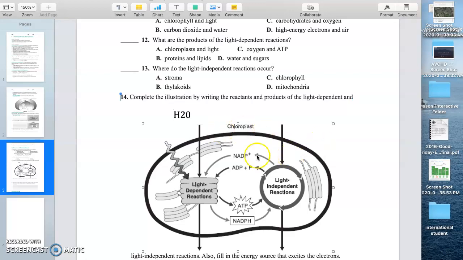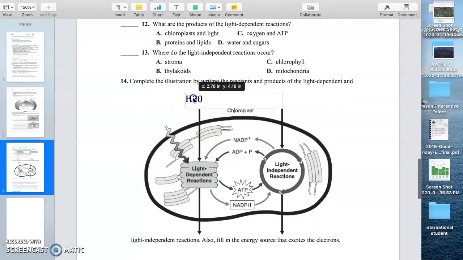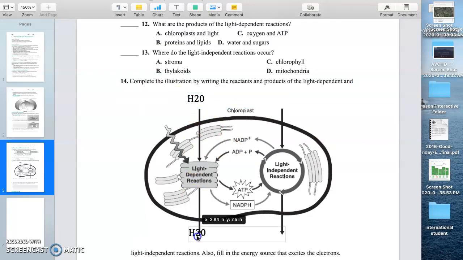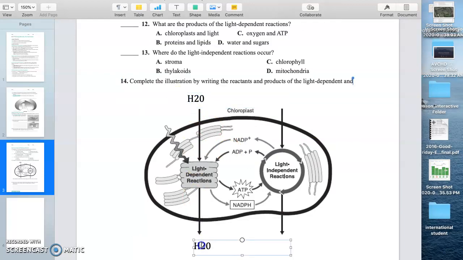And that's really it, right? And we're going to take that water and we're going to turn that into oxygen. Okay. So we're going to take water and turn that into oxygen plus ATP.